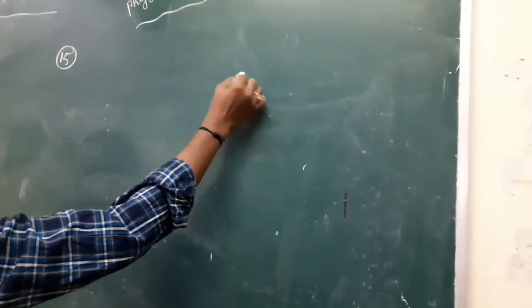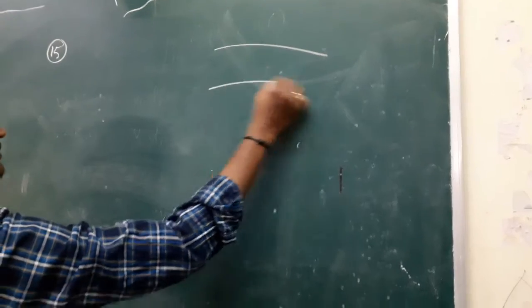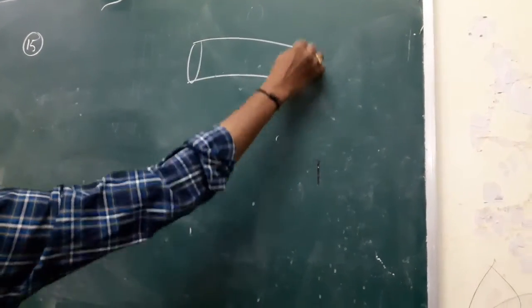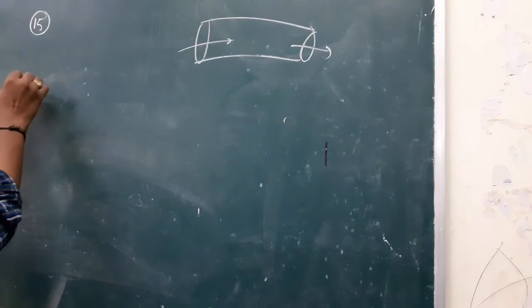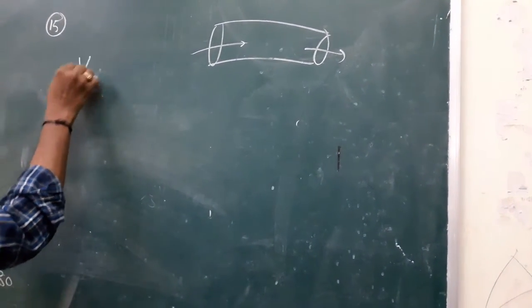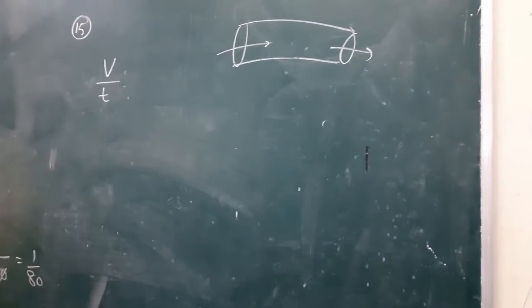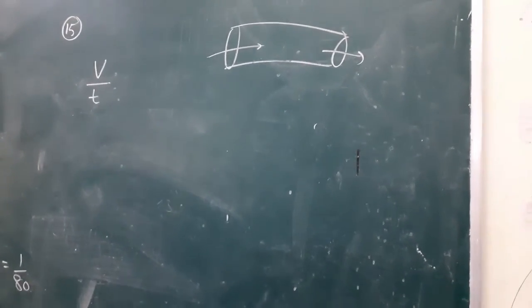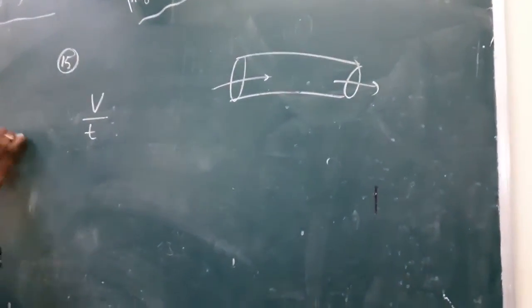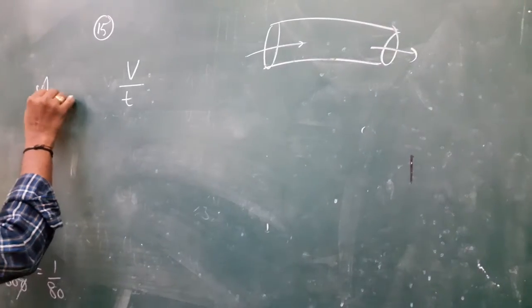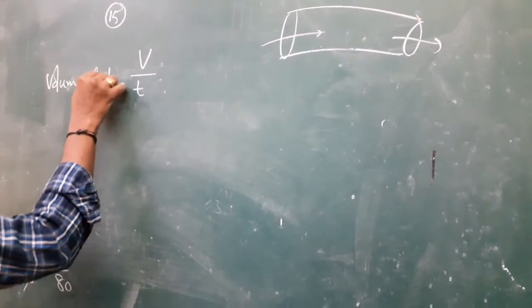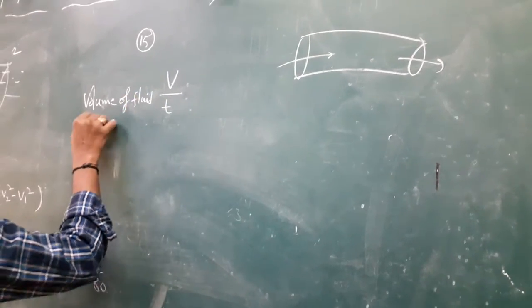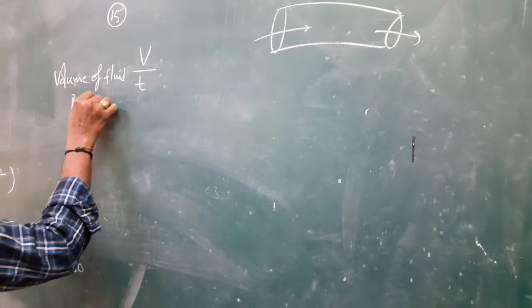The volume of liquid flowing per unit time is V by T, called the volume of fluid flowing per unit time.